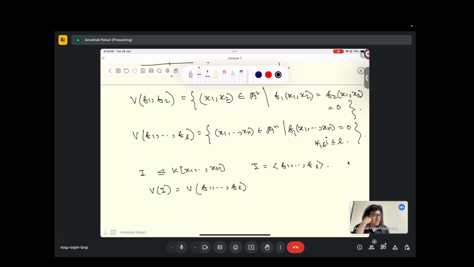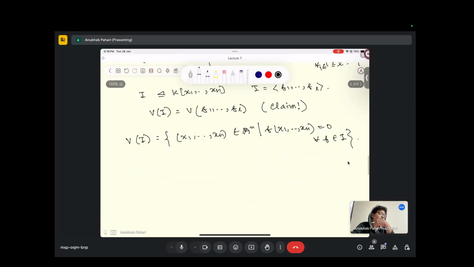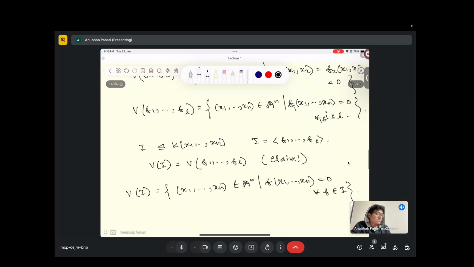This is my claim. But V of I is all those points such that f(x1, ..., xn) is 0 for all f belonging to I.